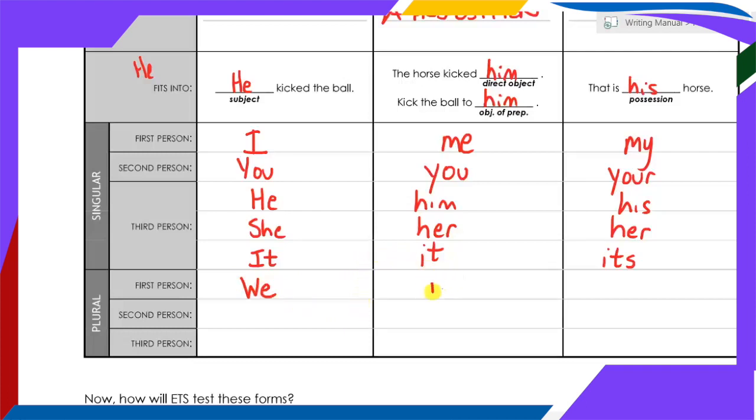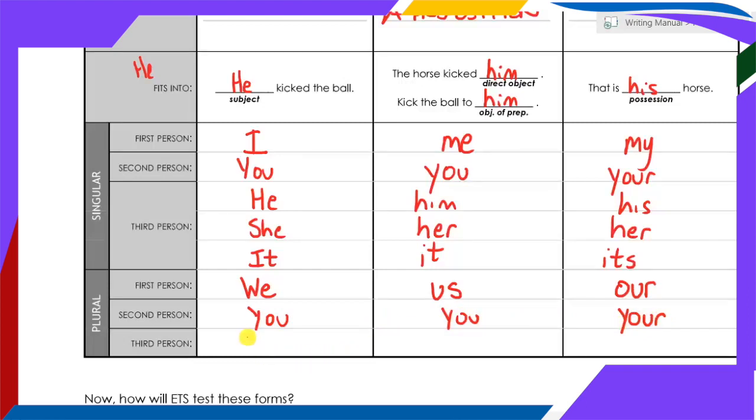The horse kicked us would be the object form, and that is our horse would be the possessive form. Second person plural subject, again, is you, and you stays exactly the same as it did in the singular forms, you, your.